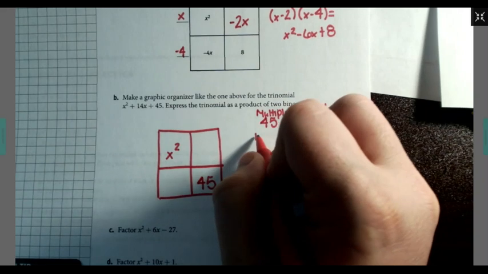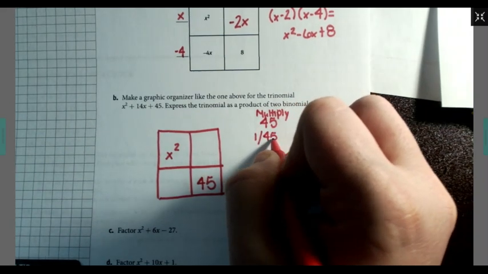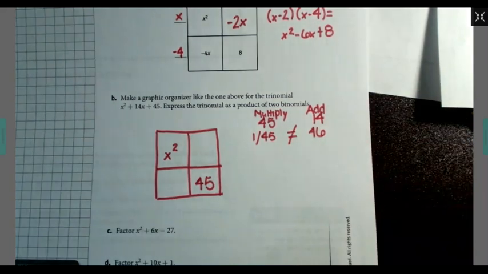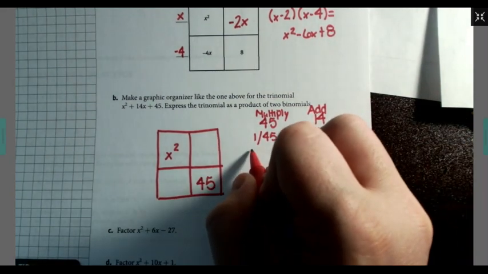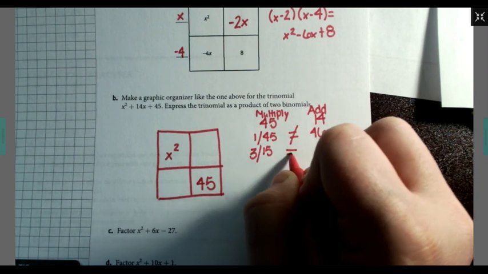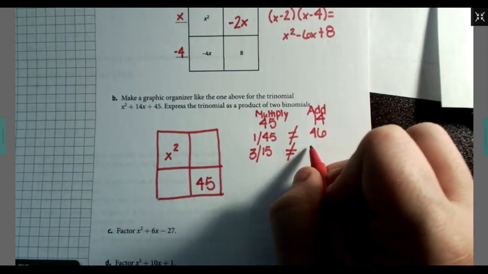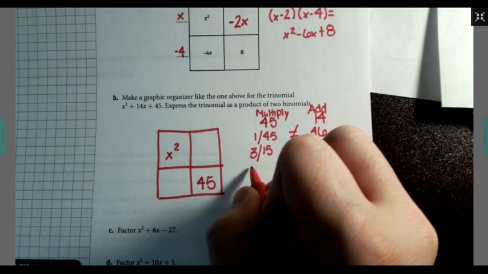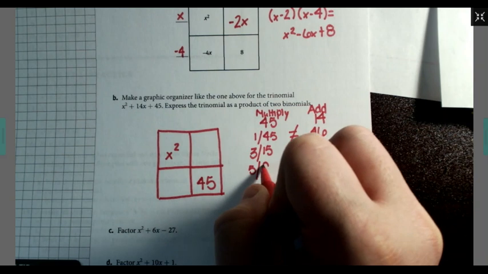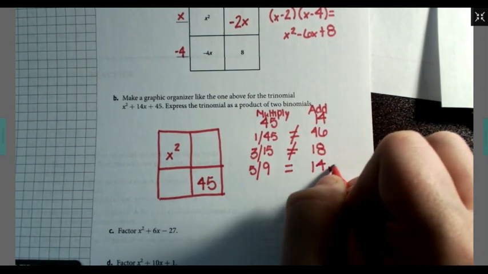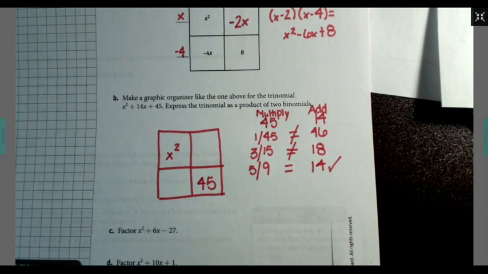Well, I could do 1 and 45, but that adds to 46. No good. I could do 3 and 15, but when I add those, I get 18. No good. I could do 5 and 9, and when they add, I do indeed get 14.